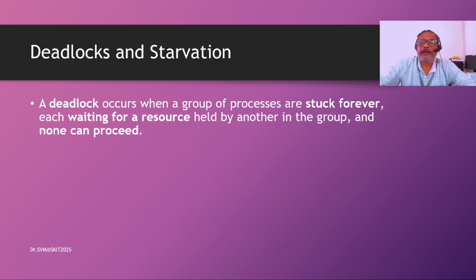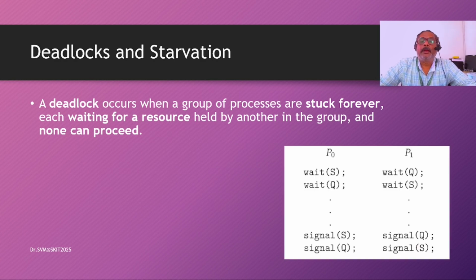How is this possible? Let's take an example. Assume that we have two processes, P0 and P1, and currently working with two resources, S and Q. So here in the first place, P0 says wait for S, and S was available, so S is given to P0.